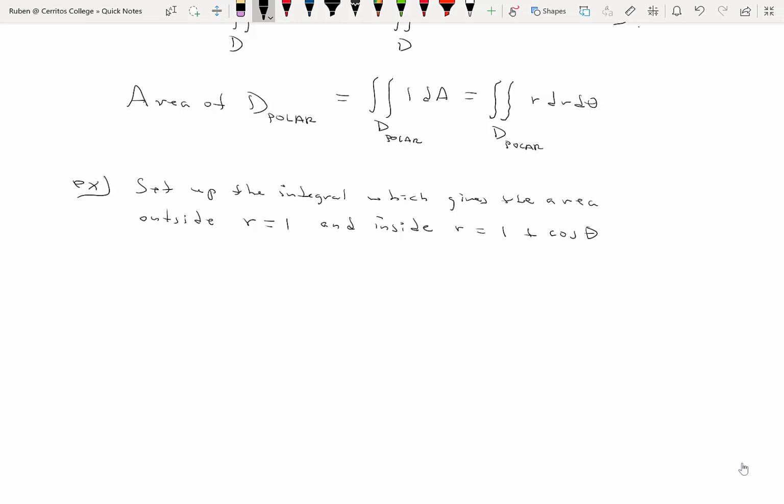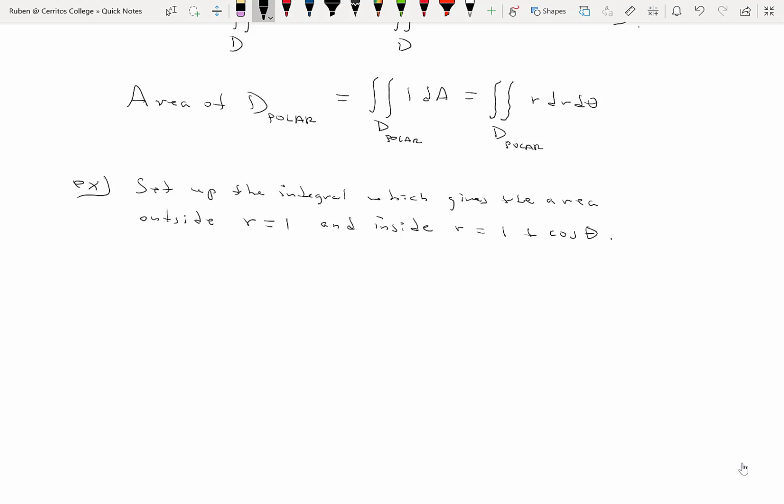And I think in my Calc 2 video that I keep referring to in section 10.3 and 10.4, I graph a similar one. The second curve here turns out to be a heart-shaped curve, known in math circles as a cardioid. Cardio means heart, so this is a heart-shaped curve.